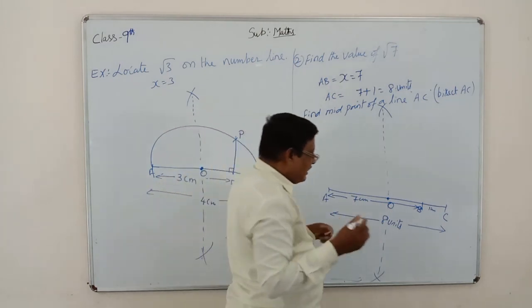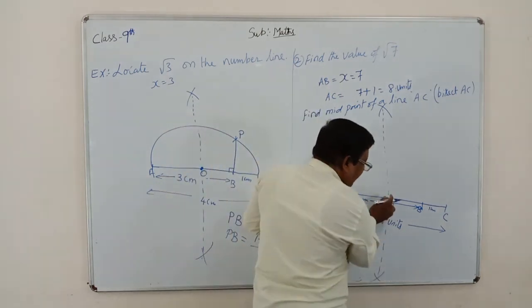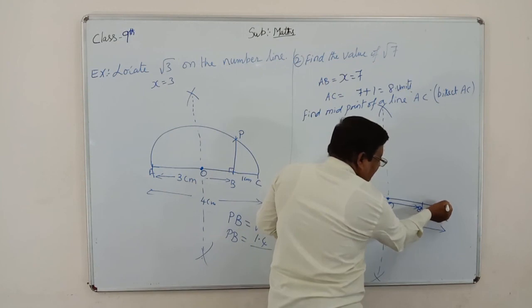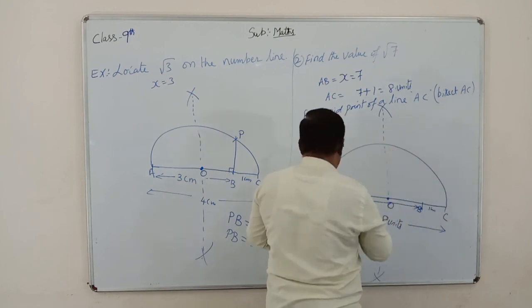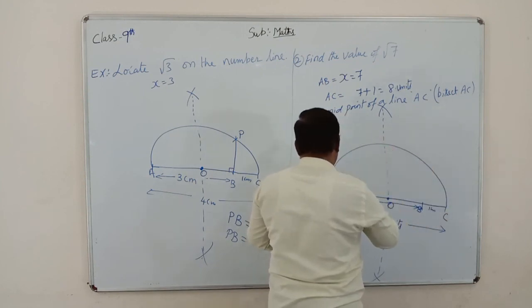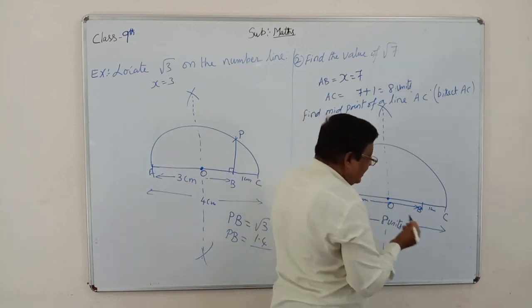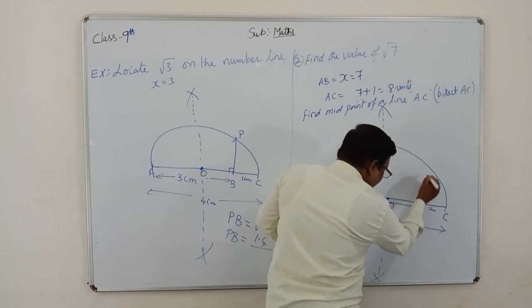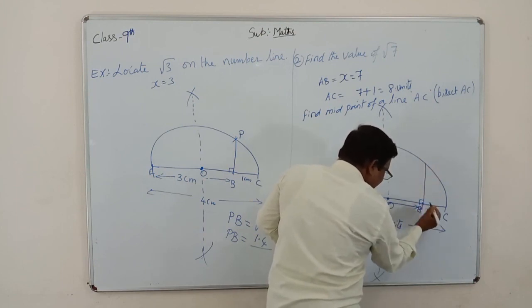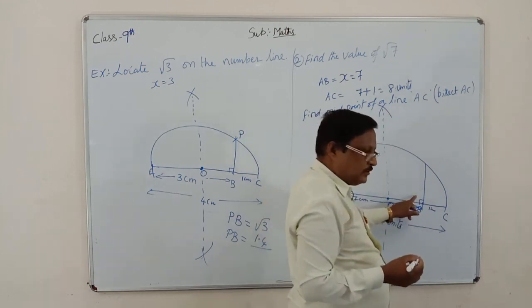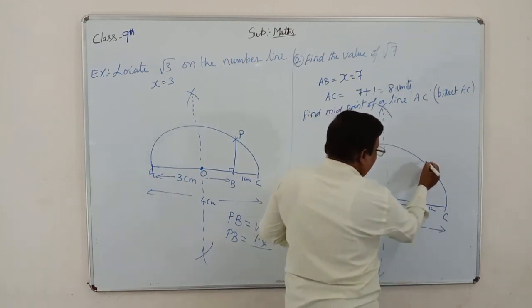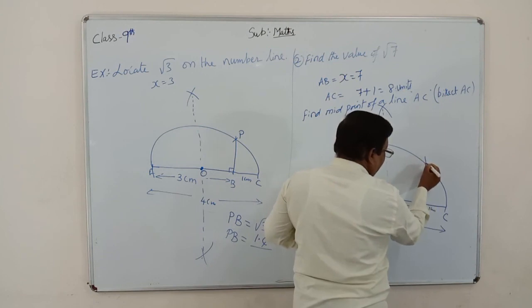Taking O as the center and OC as the radius, you draw a semicircle. Here you have to draw 90 degrees. Using a protractor you draw 90 degrees, and draw a line extending up to where it intersects the semicircle.